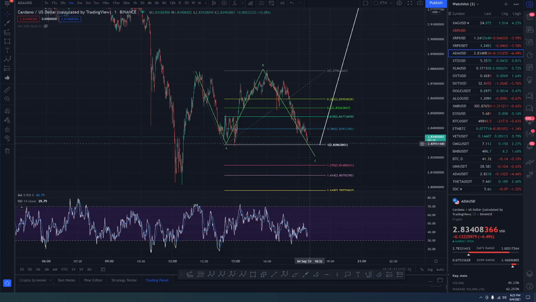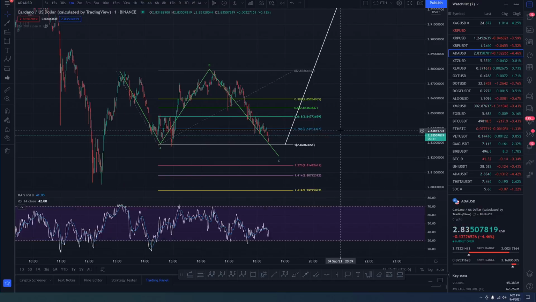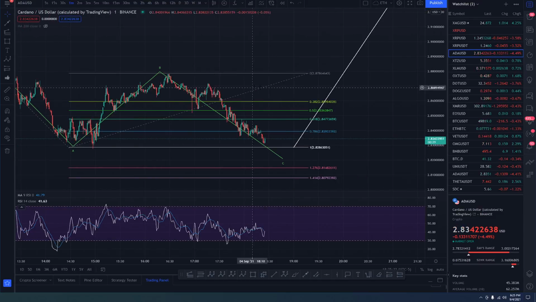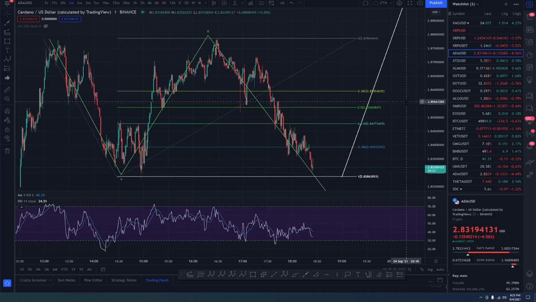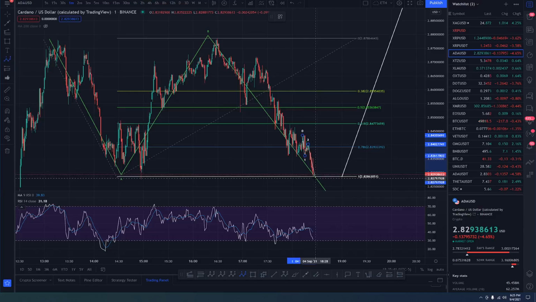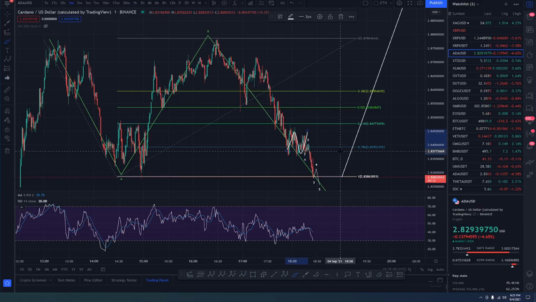Kind of looks like a diagonal a little bit. And in this last wave, I see you got 1, 2, 3, 4, 5. 3-wave running flat right there.